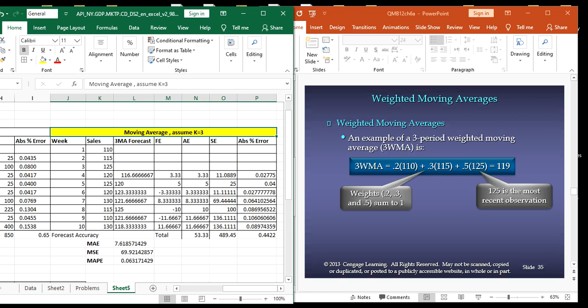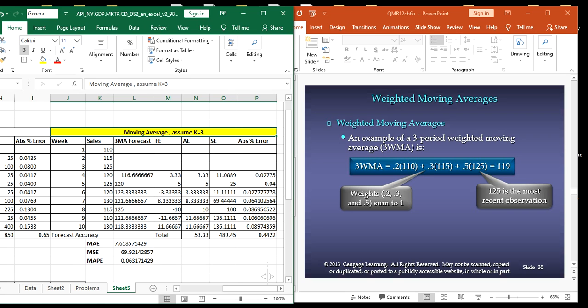Here is again a three-week moving average, but with weights. We have the calculation where 0.2 can be 110 for week 1, 0.3 can be 115, and 0.5, which is the highest weight, goes to the most recent observation.